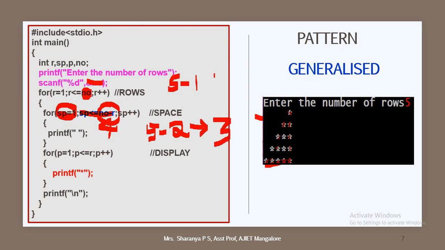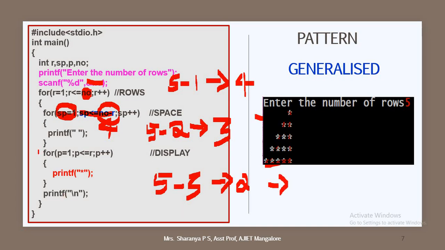So for the first time it will provide the spaces as 4, and it will keep decrementing in the next iterations. So it will be 4, next it will be 3. Then our loop will run with 5 minus 2, and next it will be 5 minus 3, so it will run with the value 2 and print 2 spaces.